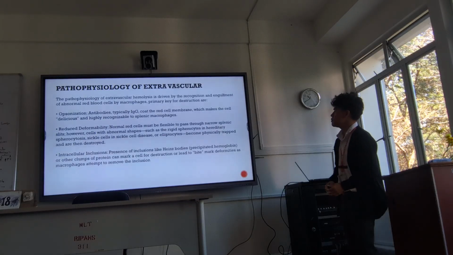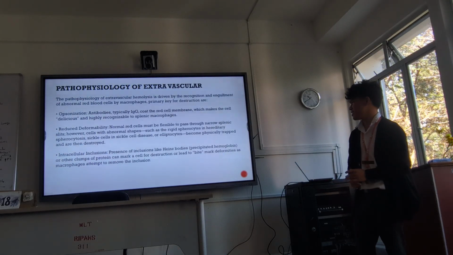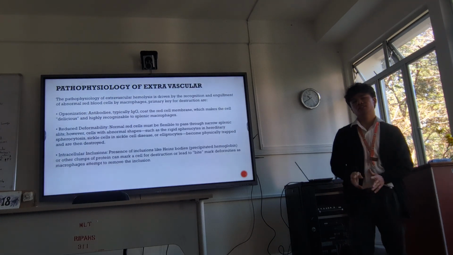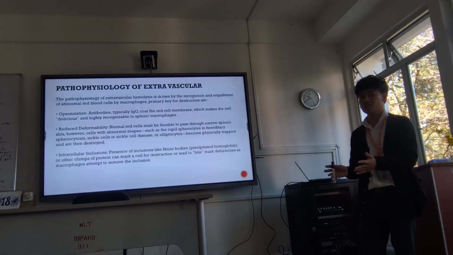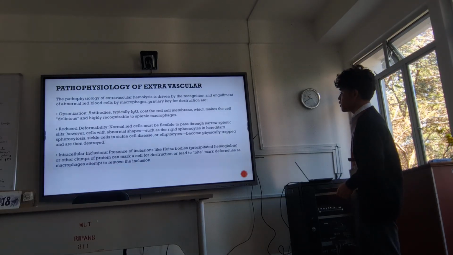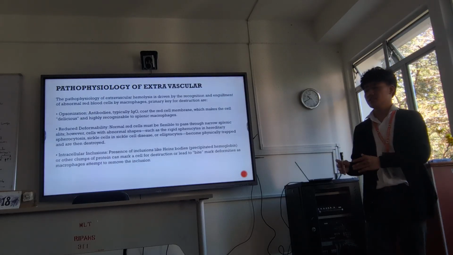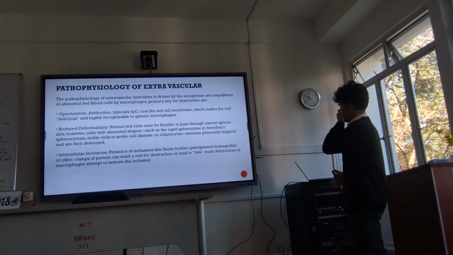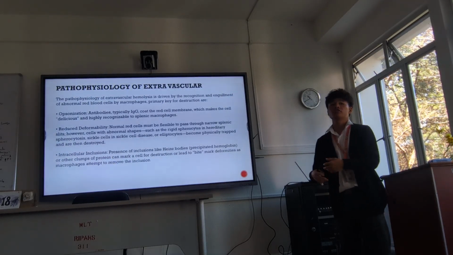Red blood cells are flexible enough to pass through narrow splenic slits. They don't have a nucleus, so they can squeeze through the small blood vessels. But abnormal cells can't pass through the small blood vessels anymore, so it will eventually lead to lysis of the red blood cells.